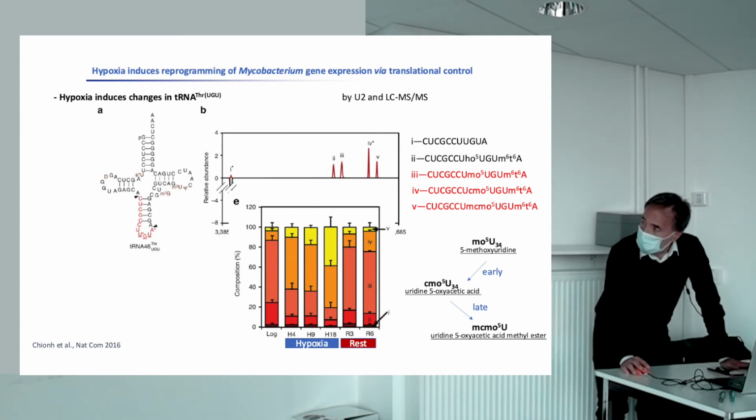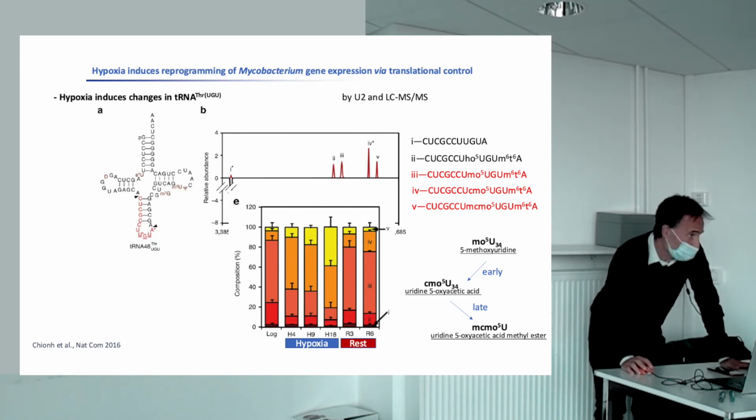As you can see here at the beginning, the composition of this fragment here, including the anticodon, was pretty much showing the presence of the methoxyuridine. Okay, so this threonyl tRNA, UGU, threonyl tRNA, in position 34 here is modified. The majority of these tRNA molecules are modified with the 5-methoxyuridine.